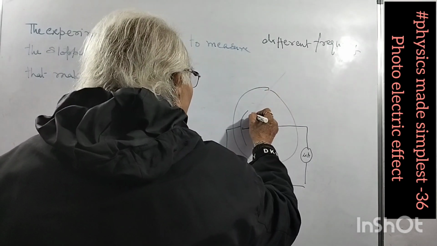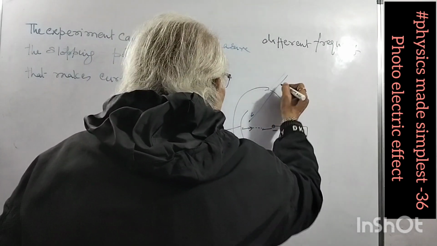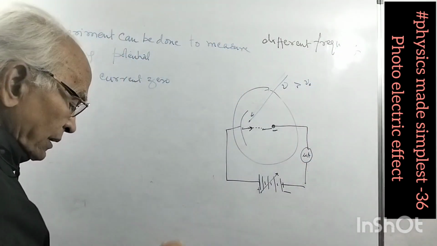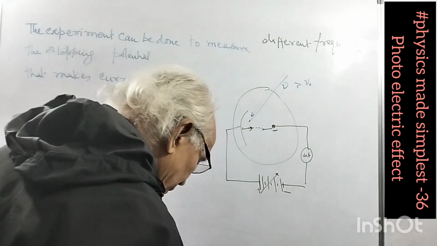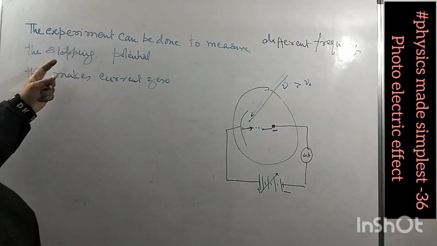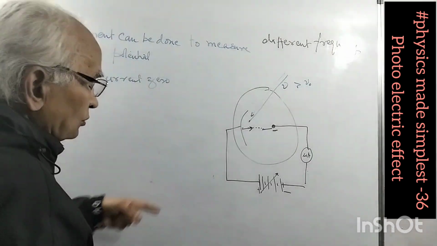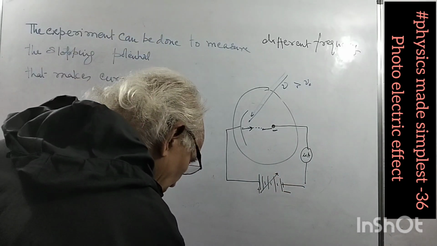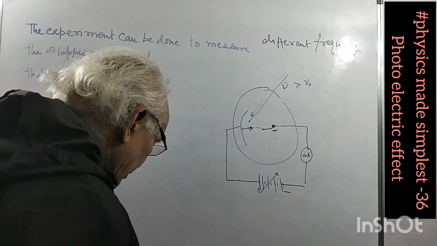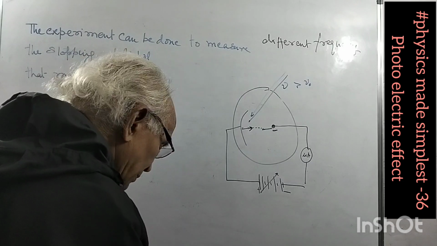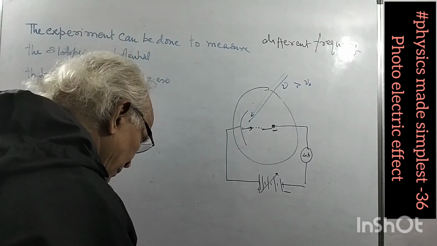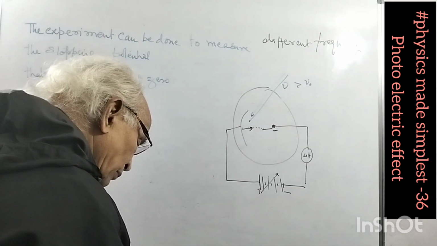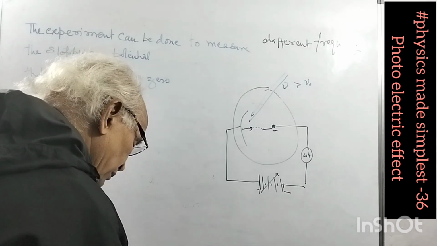Light falling on this is of frequency nu, that is constant but above nu naught, above threshold. So what potential is applied so that current becomes zero, and that will decide what the stopping potential is.